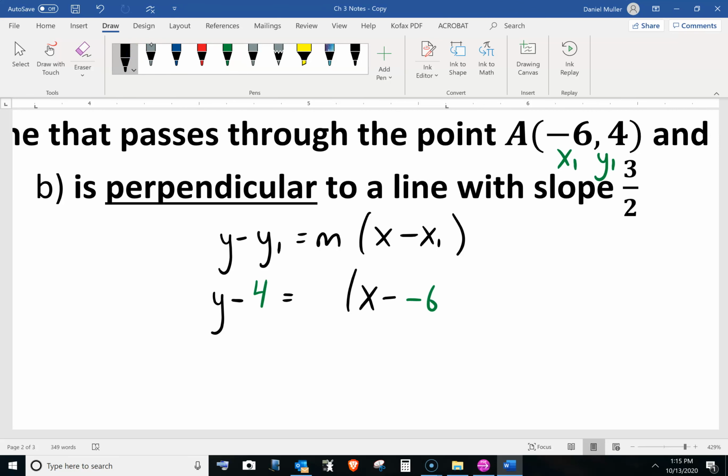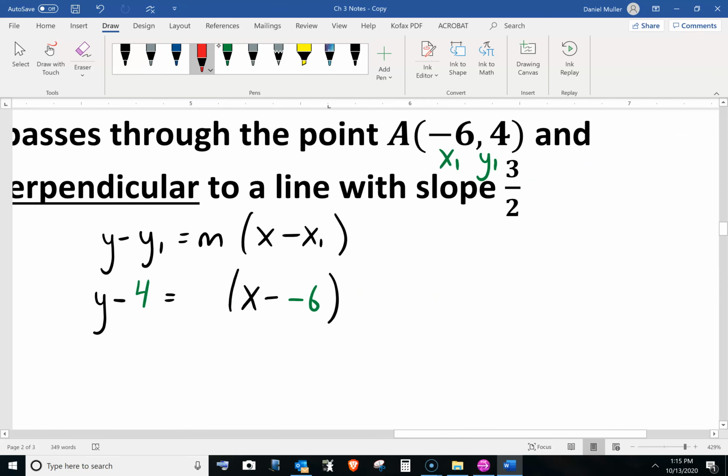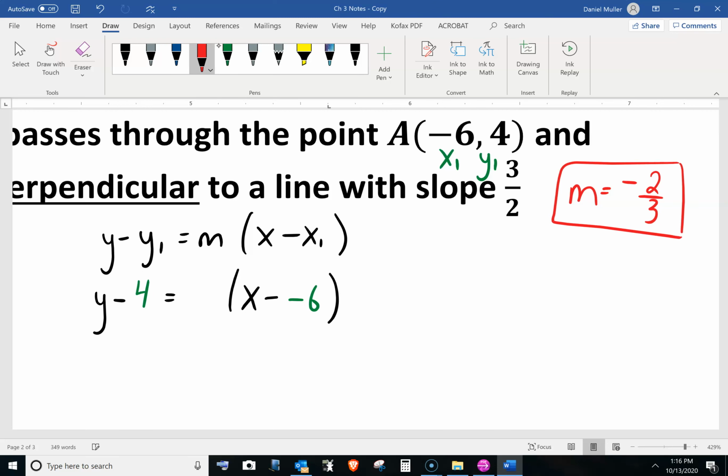Okay, so what is our slope? Well, our slope is perpendicular to this. And this is a positive 3 over 2, so our slope will be a negative, and then we'll flip the fraction to 2 over 3. So that's really important. It didn't actually say what our slope was, but it's -2/3.